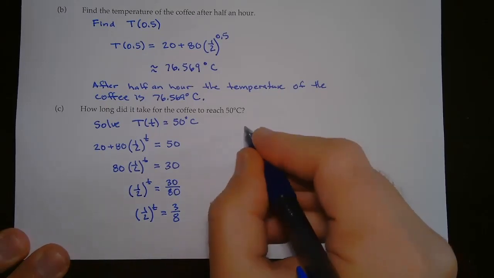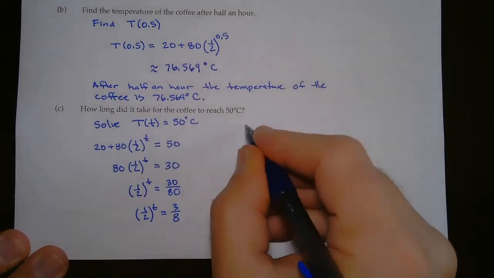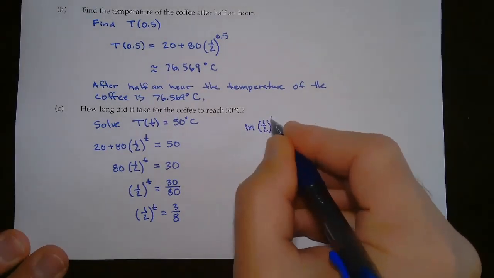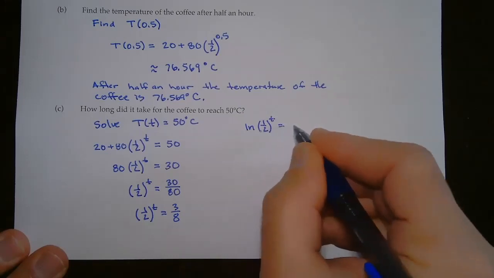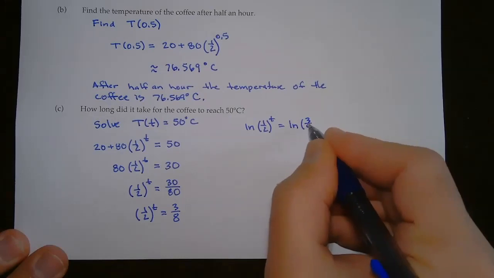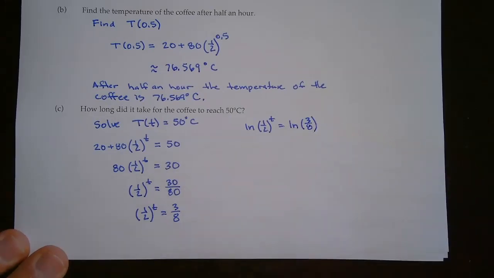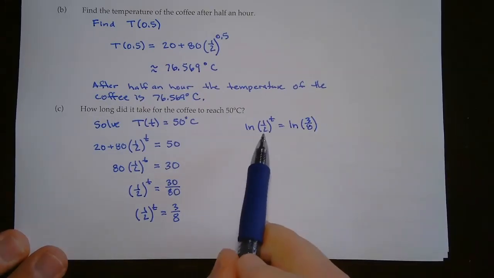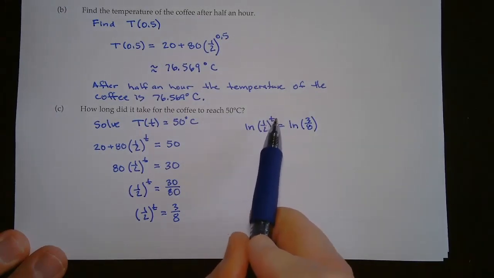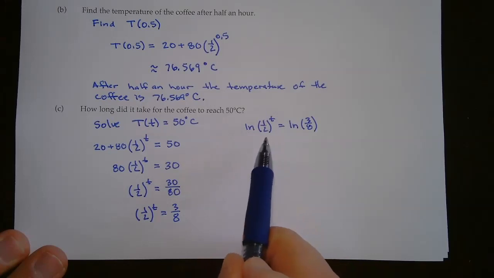Okay, so that would result in the natural log of 1/2 raised to the t is equal to the natural log of 3/8. Okay, so we're going to use logarithm properties, because if you have a logarithm of something raised to a power, that's equivalent to the power times the natural log of the base.